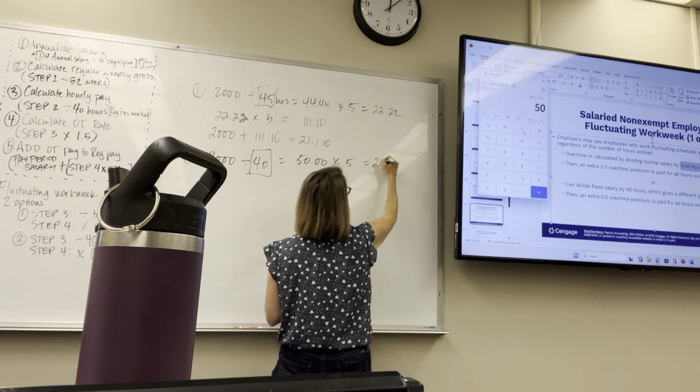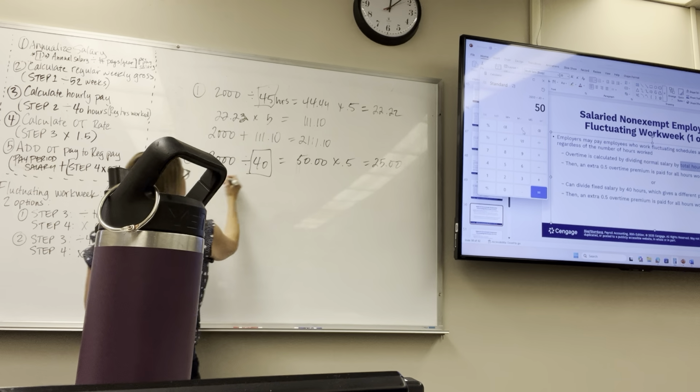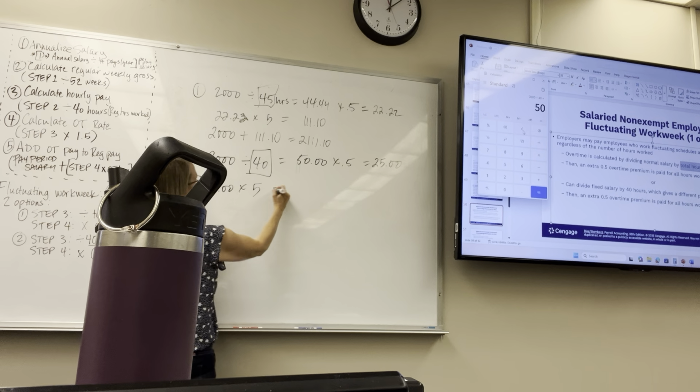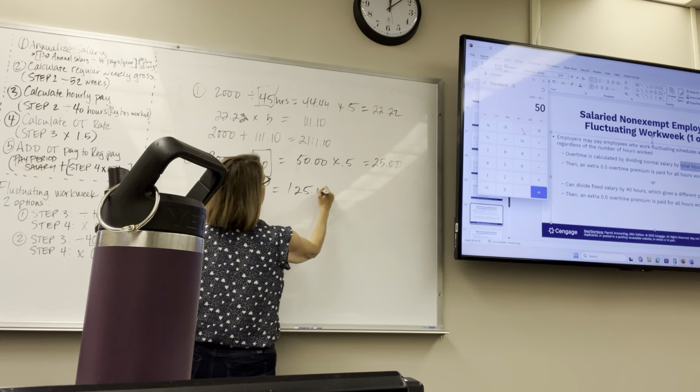So there's that premium, $25. So we still have the 5 hours of overtime, so 5 times 25, so 125.